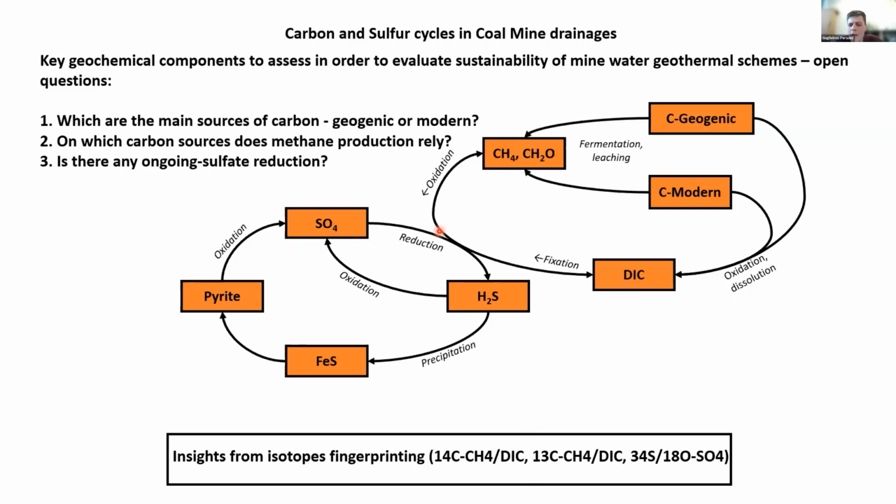So the dissolved inorganic carbon, the DIC, is a proxy of the alkalinity, which is the parameter that buffers the water, keeping the pH at values between 6 and 7.